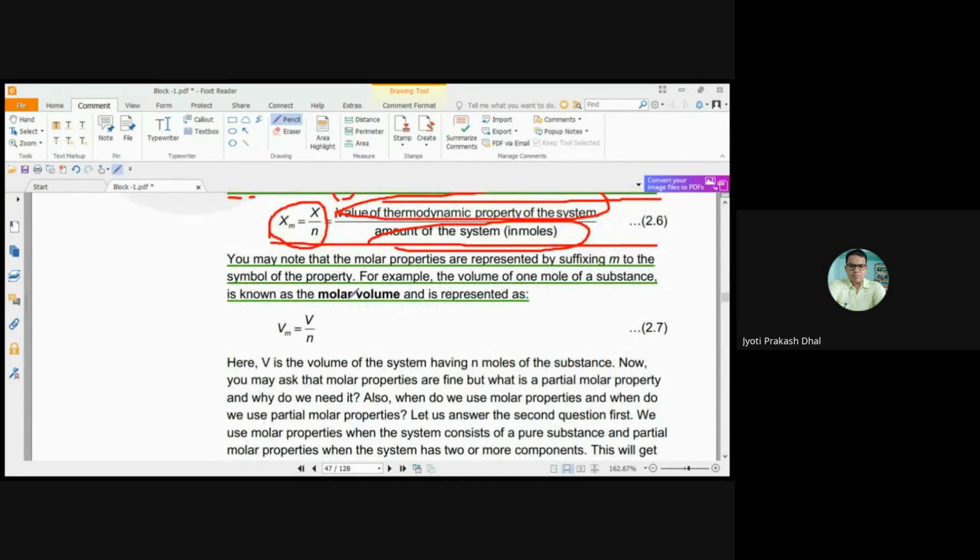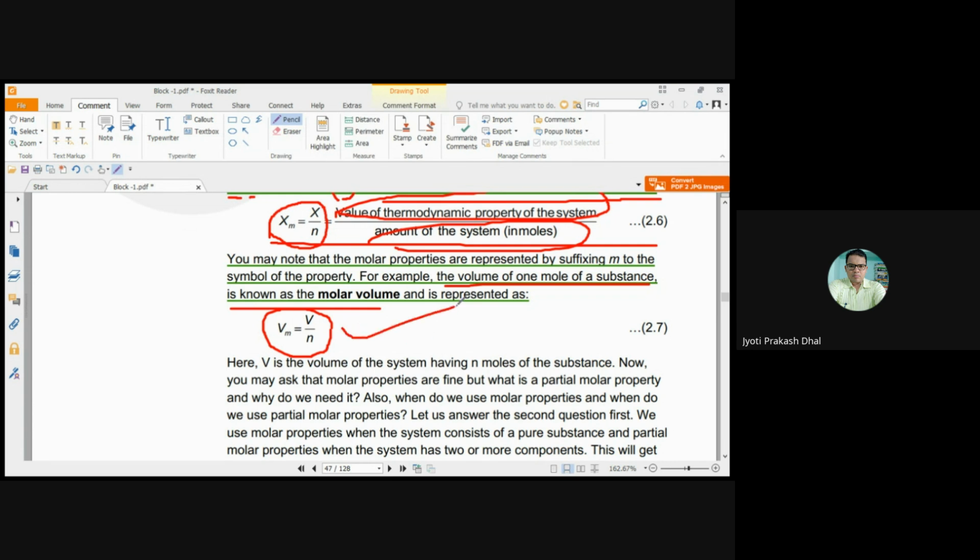For example, if we calculate the volume of 1 mole of the substance, that is known as molar volume. Molar volume Vm equals total volume V divided by number of moles N of the substance present in the system. So Vm equals V divided by N.